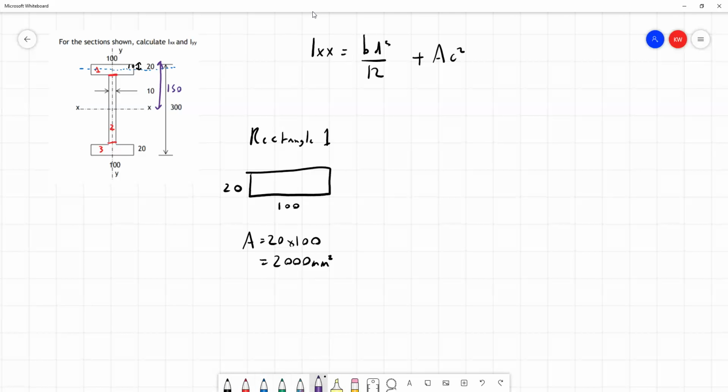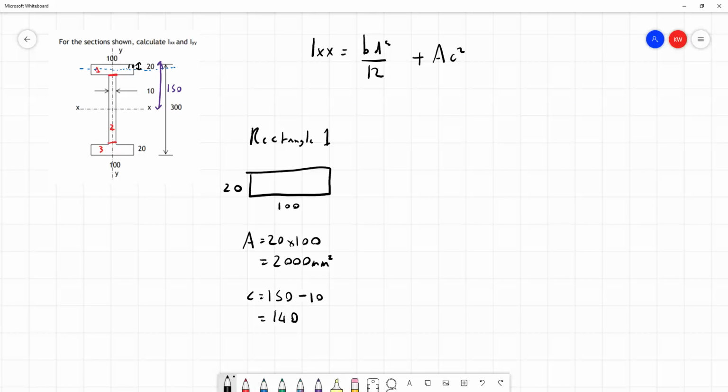That means C is going to be equal to 150, the distance from the centroid to the top of our I-beam, minus 10, which is the distance from the top of the I-beam down to the centroid, that blue dotted line, across area 1. So our value for C is going to be 140 here.